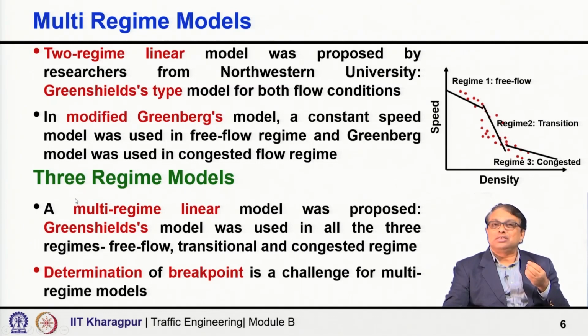Researchers came out with three regime model as well. So, a multi-regime linear model was proposed, and in that case Greenshield model was used in all the three regimes. You can see here there are three linear equations: one for the free flow regime, another for the congested regime, and in between, for the transition regime, another equation.